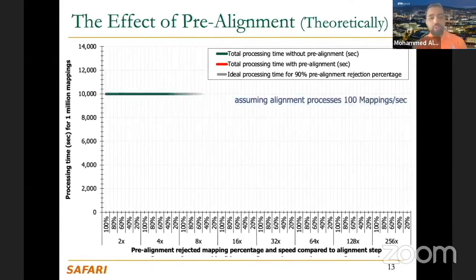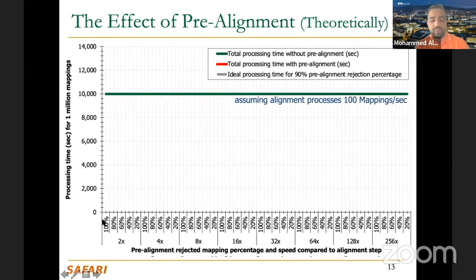Now, remember, going back to the question I asked earlier: why we cannot remove all incorrect mappings or all dissimilar sequences. This is a plot that has too much information, so I really need your focus here. In the x-axis, we have information on the filtering.